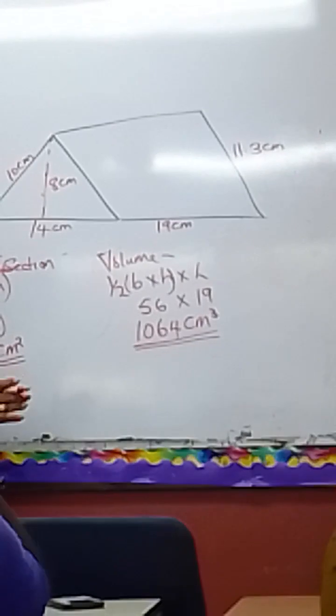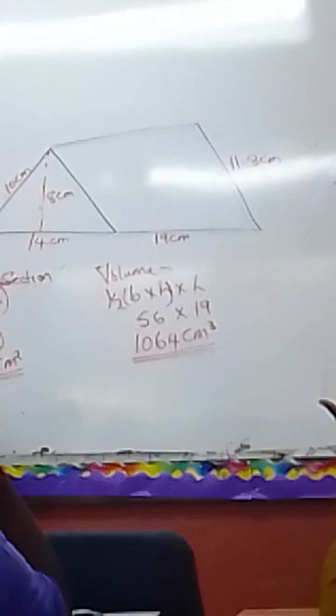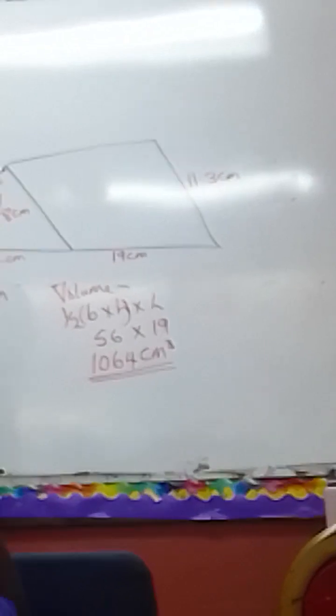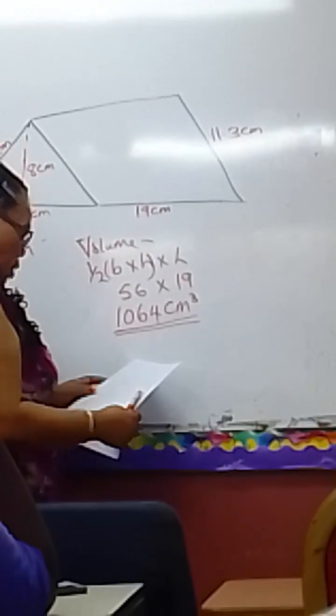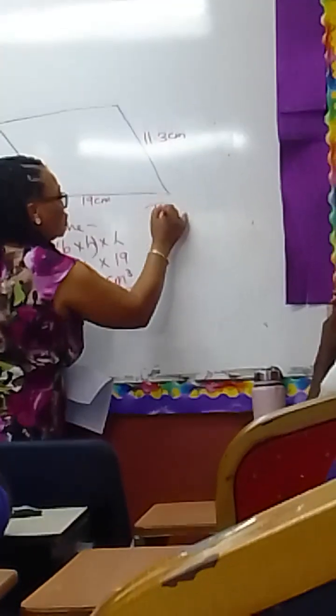And the third part of the problem that you'll be expected to find is the total surface area. That is the area of the entire prism. Again, let's follow the formula. There's a formula for total surface area.